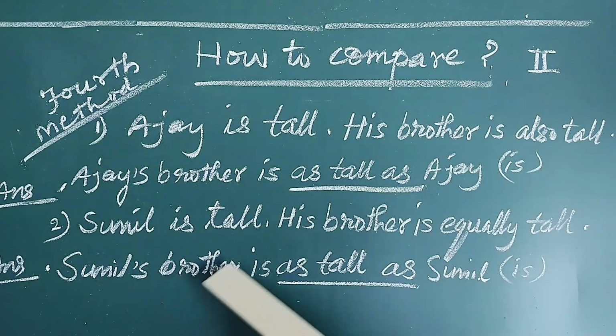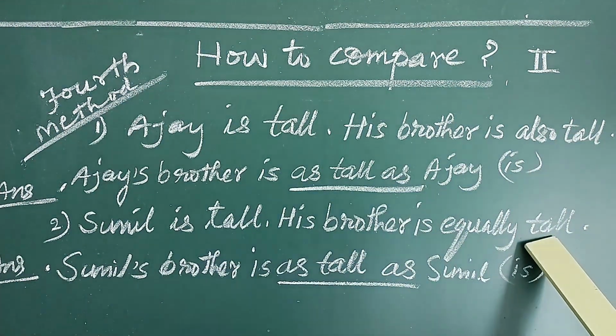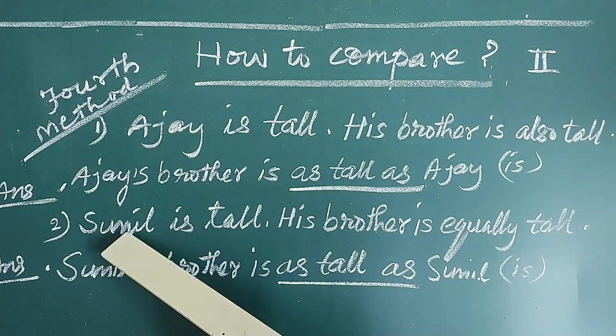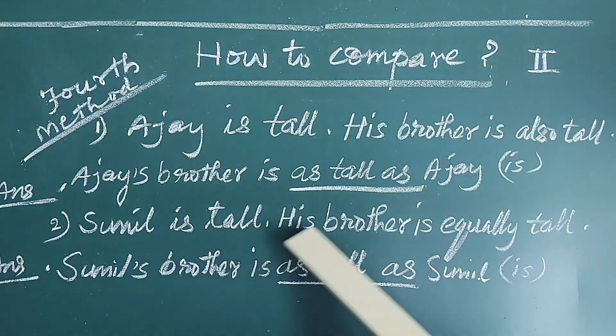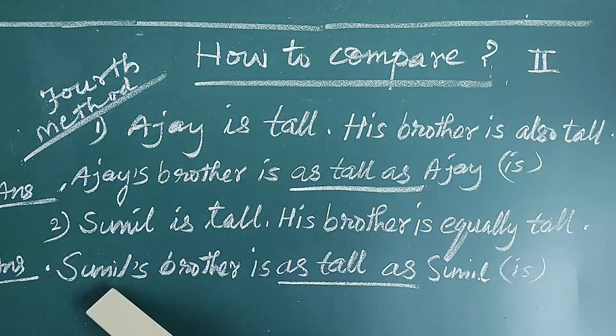And in the second sentence equally tall is written, and because of that, Sunil and his brother are both the same in tallness. That's why we call it Sunil's brother is as tall as Sunil. Thank you.